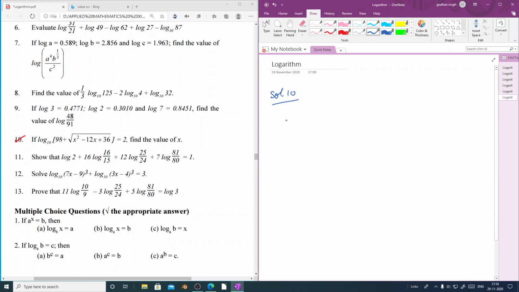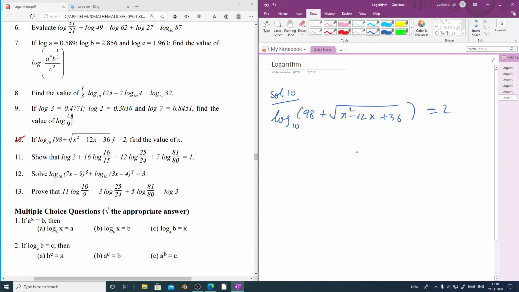Solution 10: log of 98 plus square root of x square minus 12x plus 36 is equal to 2 with base 10. We'll apply the definition of the logarithmic function to get the value of this.